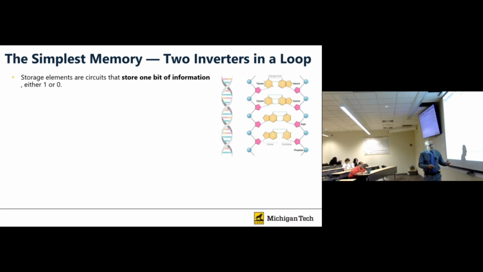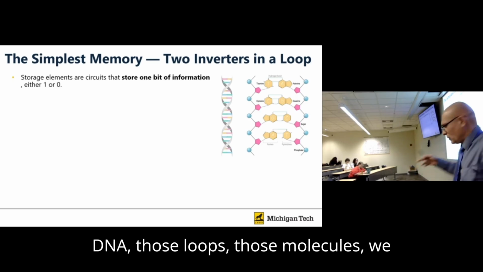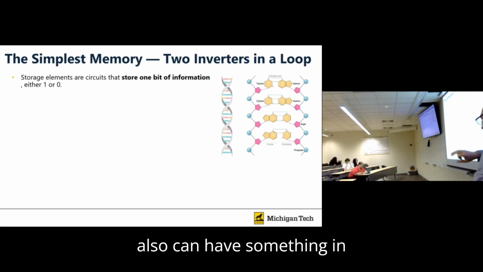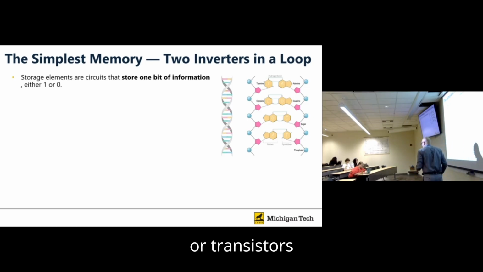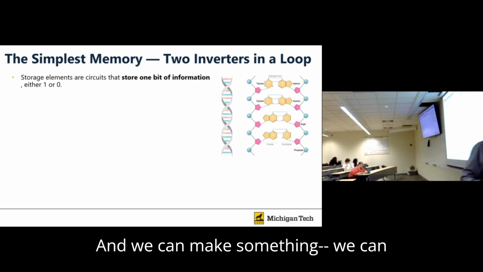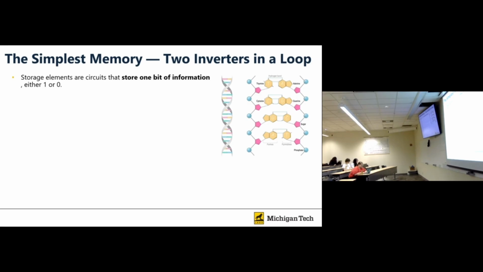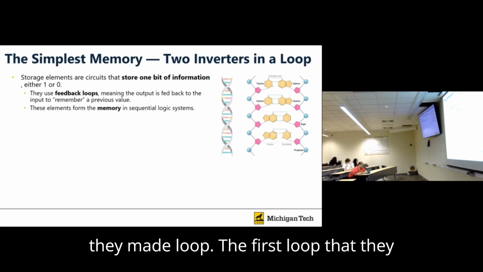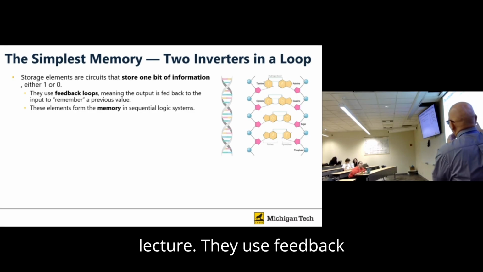Whatever is happening in DNA, those loops, those molecules, we also can have something in diodes or transistors, and we can simulate this, we can get an idea. So they made a loop.